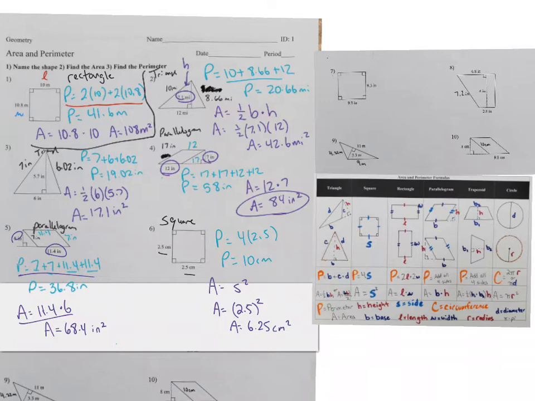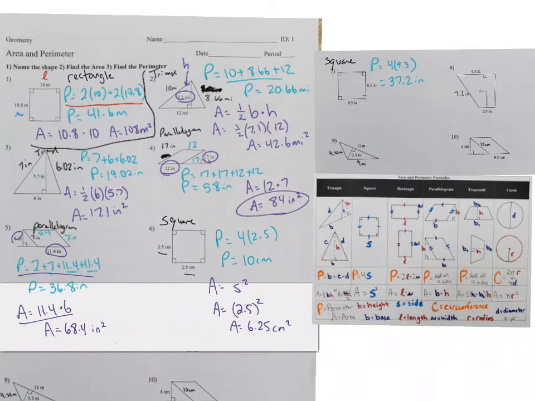7 is a square. So once again, I'm going to do the exact same thing. My perimeter is going to be equal to 4 times 9.3. You could just do 9.3 plus 9.3 plus 9.3 plus 9.3, but I just did it that way. So my perimeter is equal to 37.2 inches.